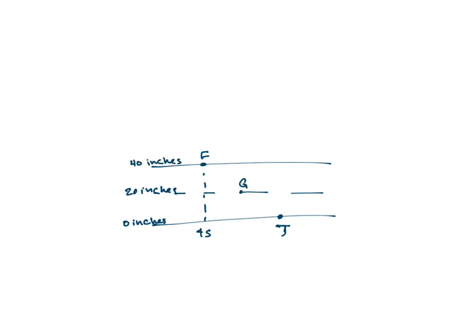Now, when is it furthest away from the wall? At time t equals 4 seconds. And it's going in a counterclockwise or a clockwise direction, right? So if I travel back, that means this would be 2 seconds. It's going to be 20 inches from the wall, which puts it at 0 seconds, 0 inches from the wall.